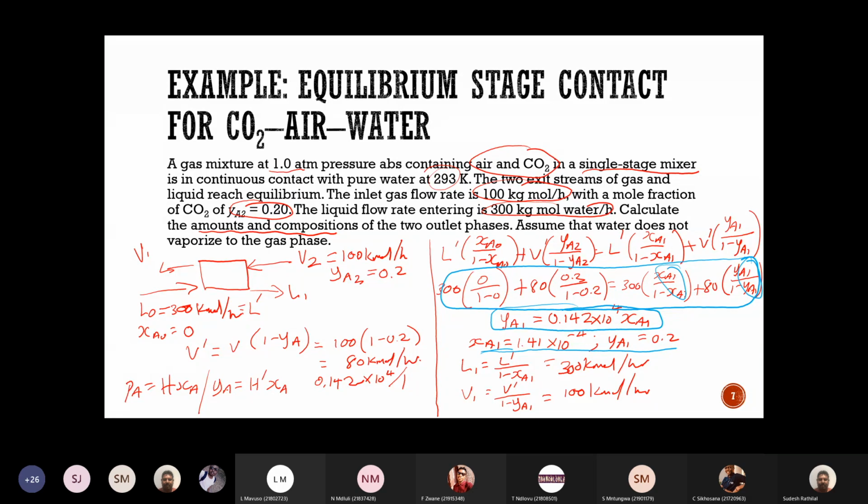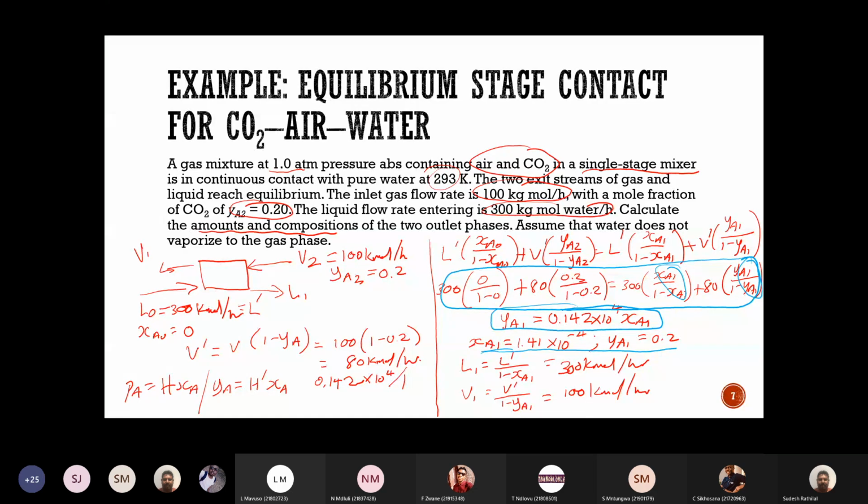All right, so we're trying to analyze the solution, the answers that we've got. What we found was that L1 was 300, which was the same as L0, and V1 was 100, which was the same as V2.